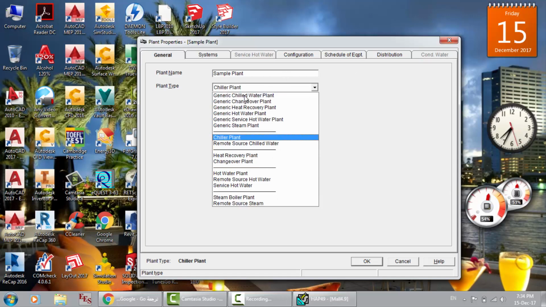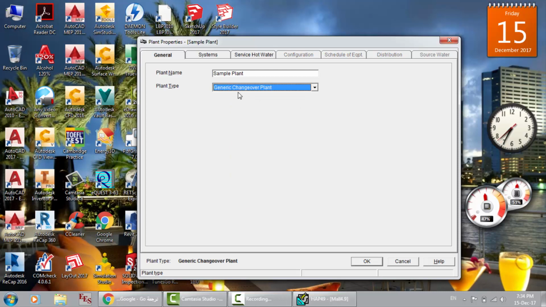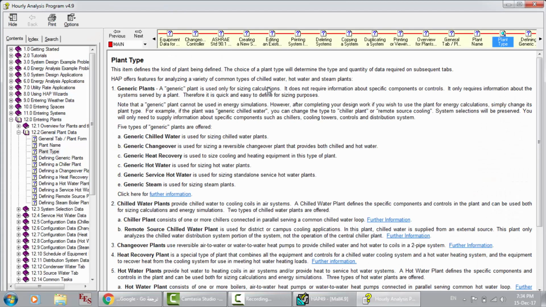Okay, so for generic, we talked about the generic chilled water and the generic hot water plant. So the changeover, what is the changeover? If you have a reversed plant, and you can use it for cooling, and at the same time you can use it for heating, but by the reverse technique.